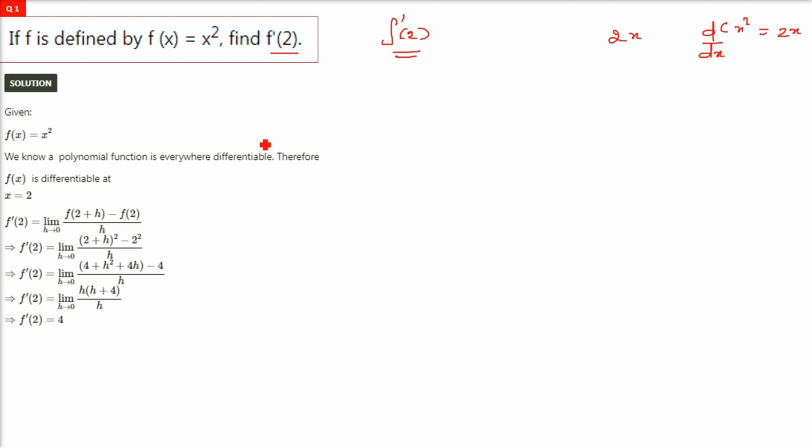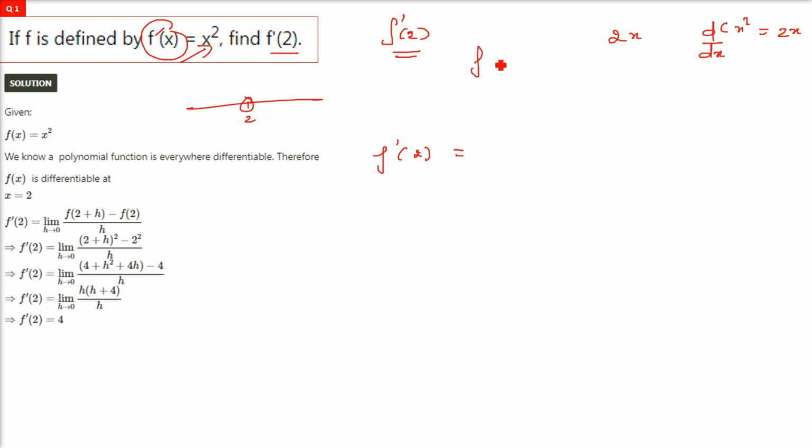And we already know that because it is a polynomial, this polynomial function is everywhere differentiable. So f(x) will be differentiable at x equals 2, right? So let us check it and find out the value as well. So what do we write? f dash x, x is 2 here. So at 2 we have to check.